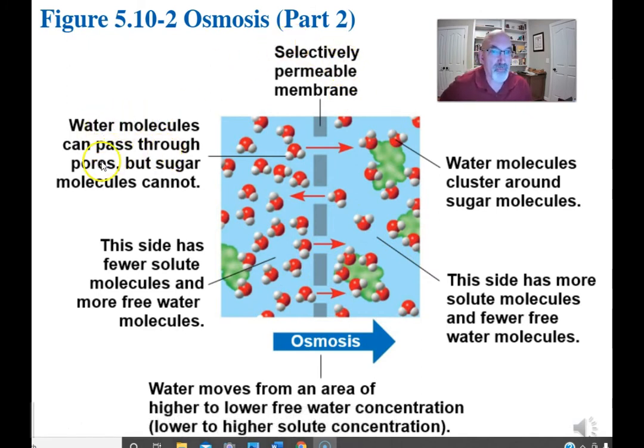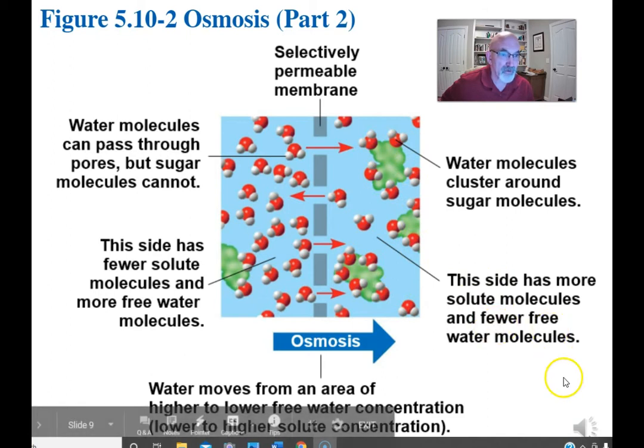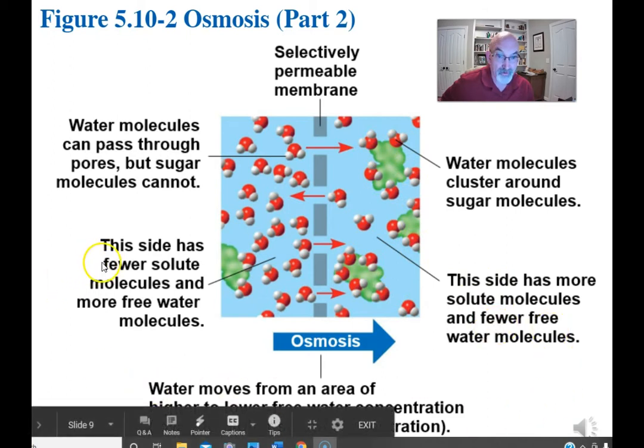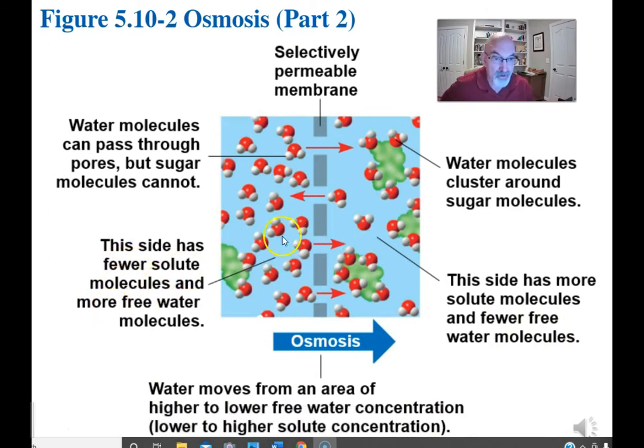Water molecules can pass through the pores, but sugar molecules cannot. Over here you see water molecules cluster around the sugar molecules. This side has more solute molecules and fewer free water molecules. This side has fewer solute molecules and more free water molecules. So the water is going to move, obviously, in this direction.